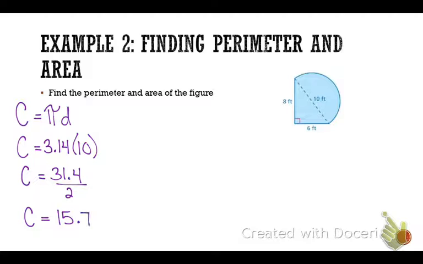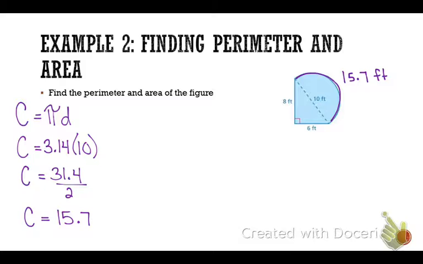Okay. So now I have found the circumference of the semicircle. I know that this is 15.7 feet. So what do you think you need to do now to calculate? Yeah, exactly.